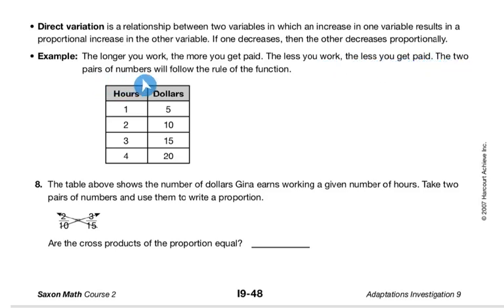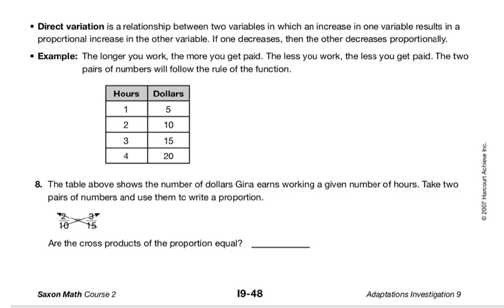The two pairs of numbers will follow the rule of the function. So in this case, let's say if you work 1 hour, you get $5. If you work 2 hours, you get $10. If you work 3 hours, you get $15. And if you work 4 hours, you get $20. Maybe some of you babysit, and you have seen this when you babysit.